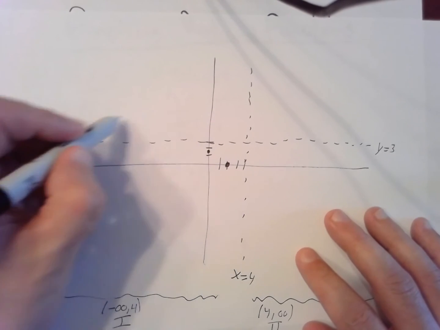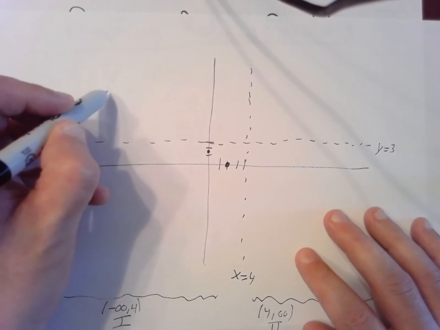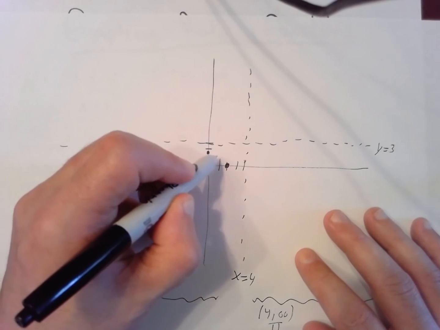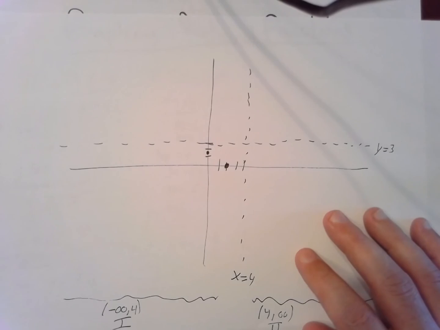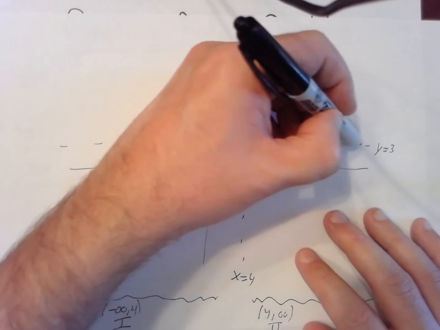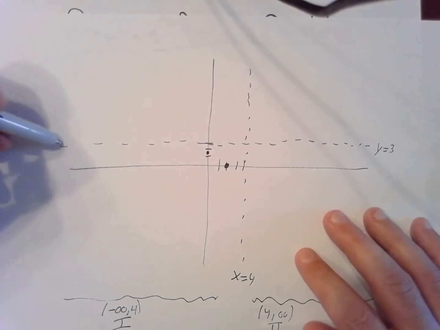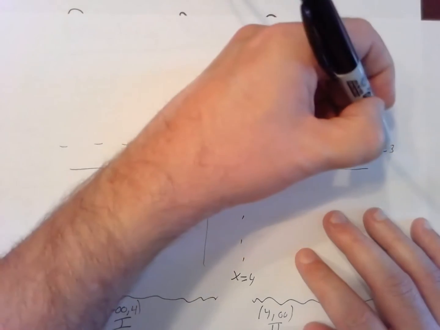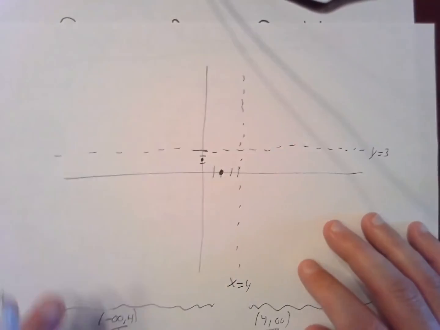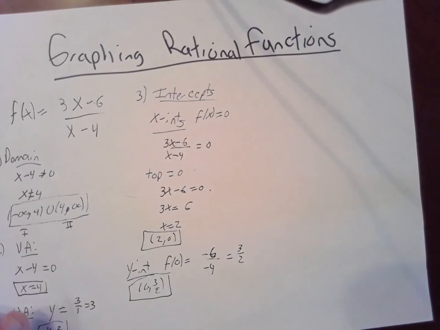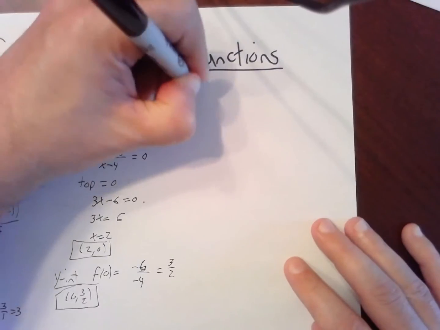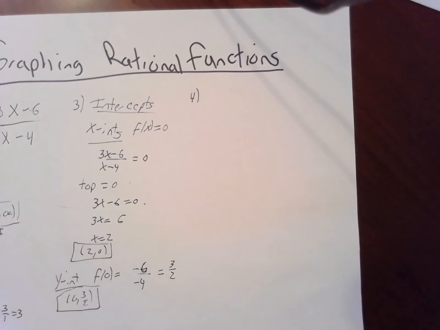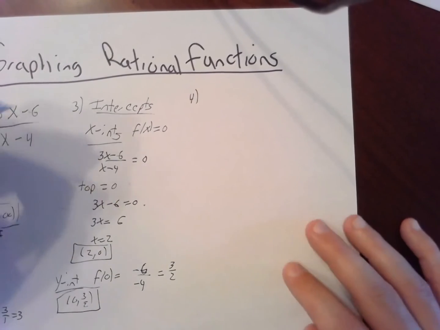Now, it's possible maybe the graph does something crazy, like it comes down, hits these points, and then bounces back up. So that's the next thing we're going to check for. We're going to determine if the graph ever crosses this horizontal asymptote. So that's, I guess we're calling that step 4 here. Again, don't worry about the numbers. Sometimes I'll number these differently. That's not what matters.